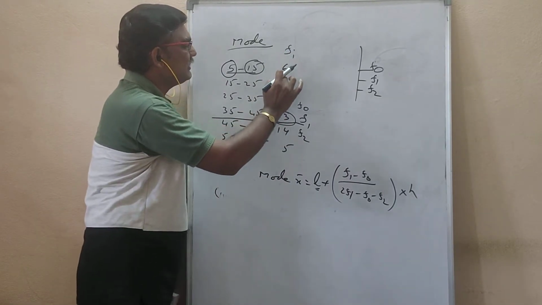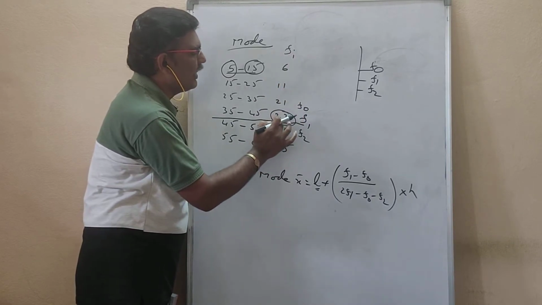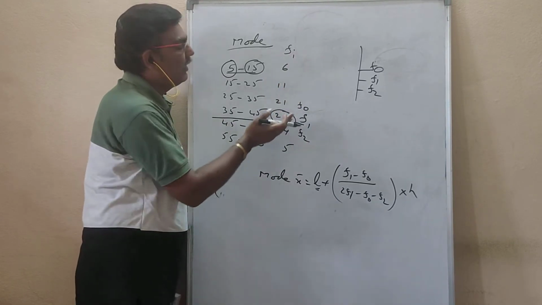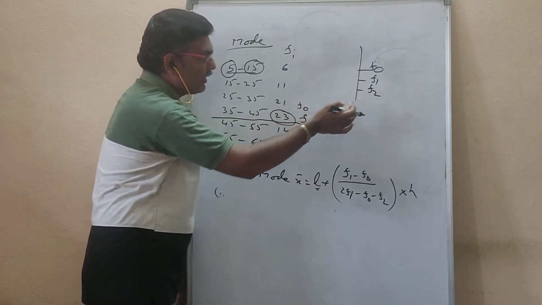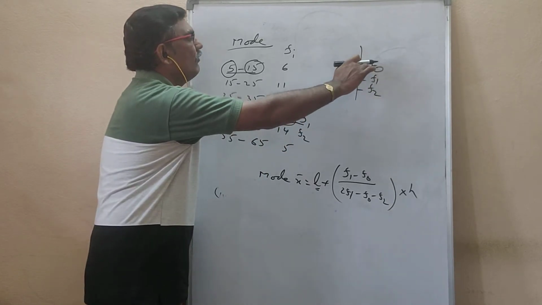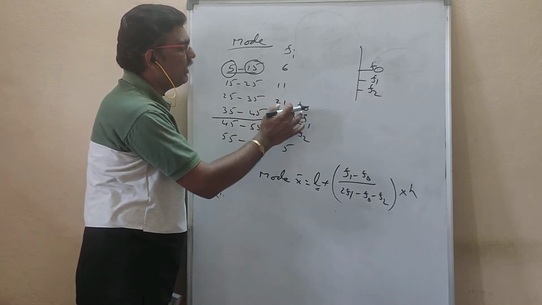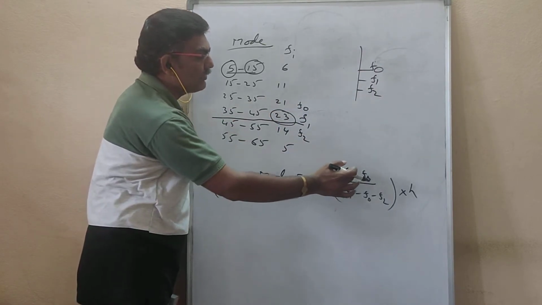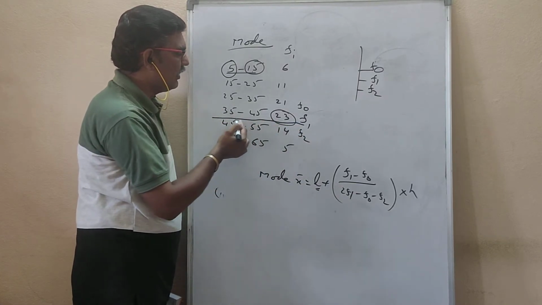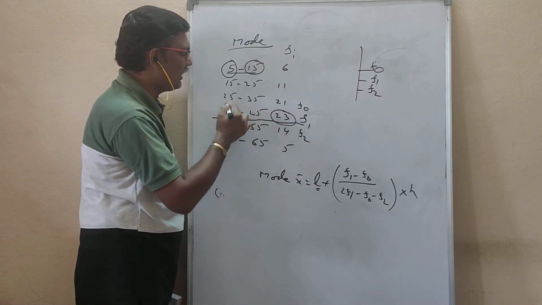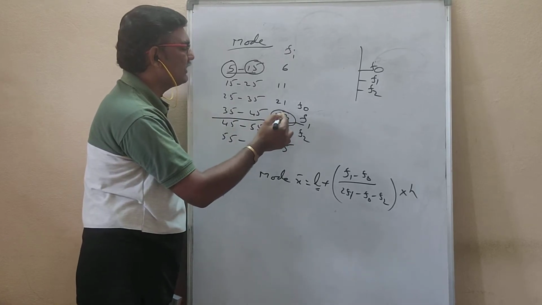In frequencies, the greatest number you have to assume as F1. One above it, F0 will come; one after it, F2 will come. Now we got the values of F0, F1, F2. And L is nothing but the lower boundary of the modal class. This class is called the modal class, and this is called the modal frequency.